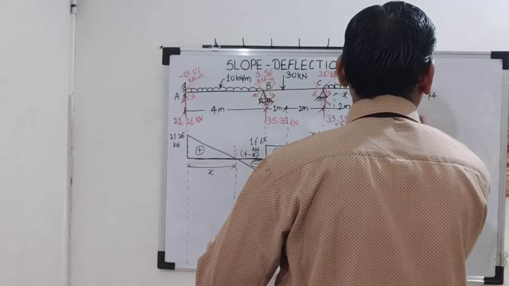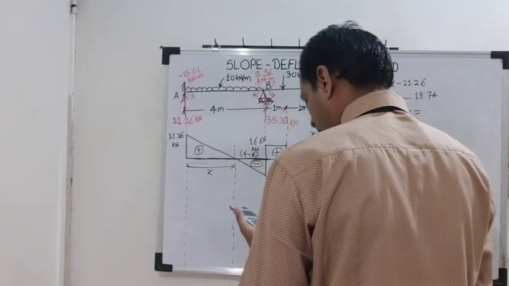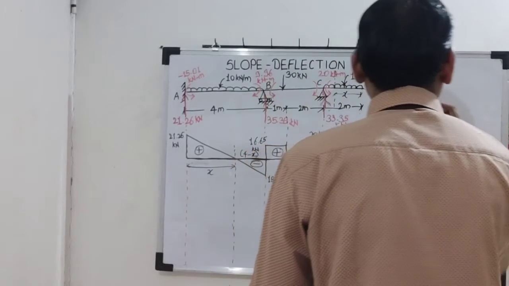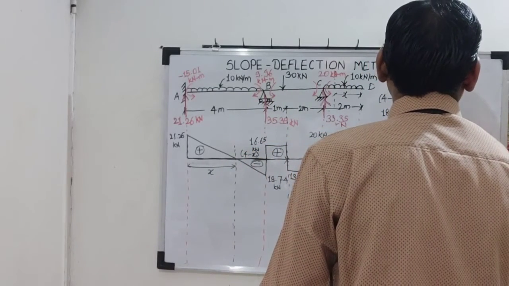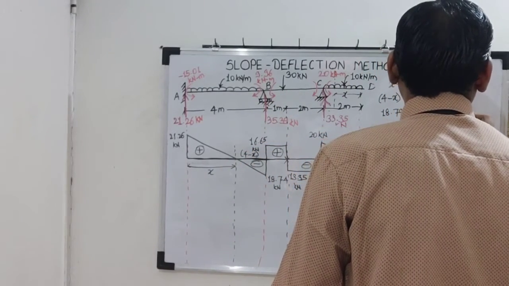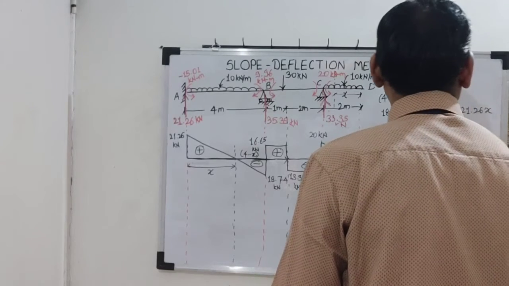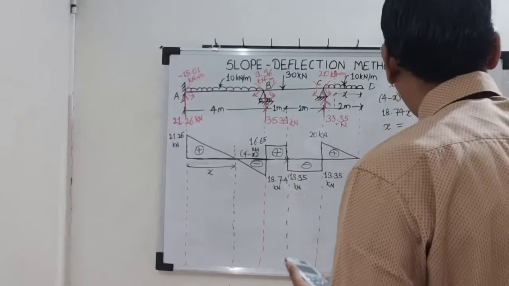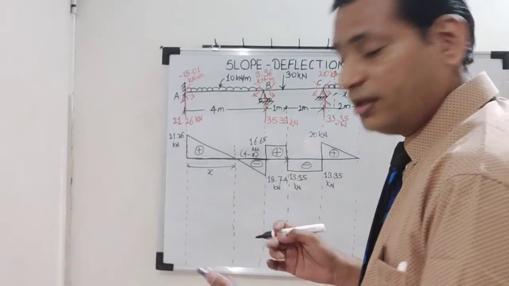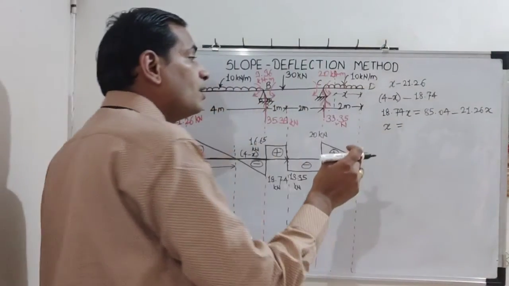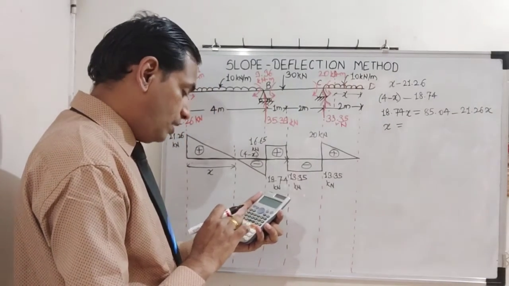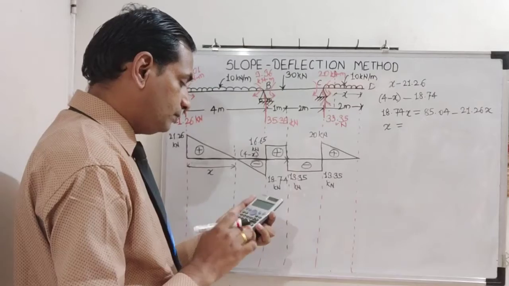So 18.74x is equal to 21.26 into 4, which is 85.04, minus 21.26x. So x will be how much? 85.04 divided by 18.74 plus 21.26.